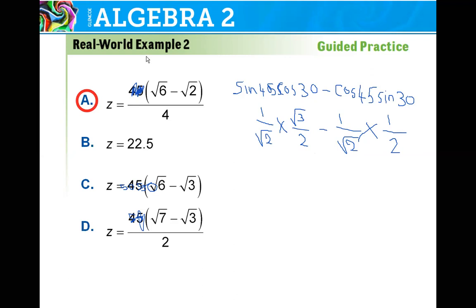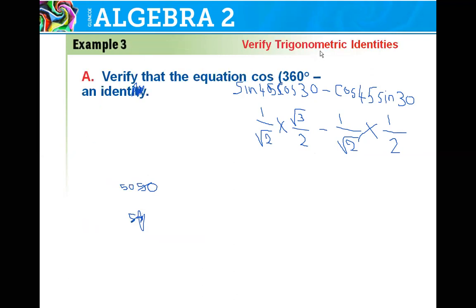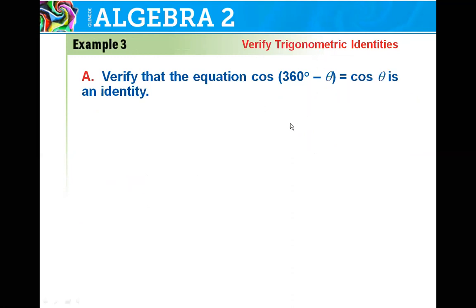Okay. We're going to the next example. In the next example, it's another type of problem. Verify that the equation cosine 360 minus theta is equal to cosine theta.